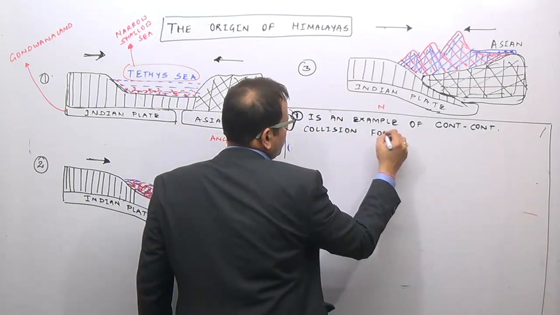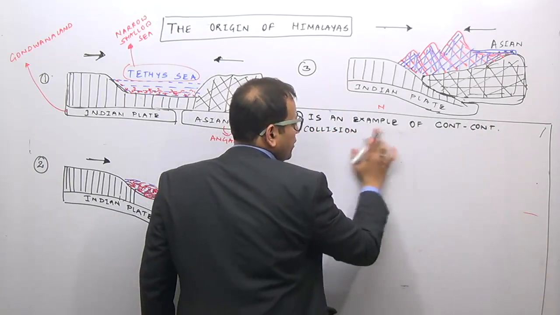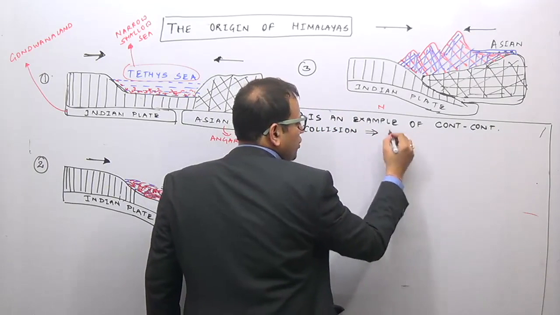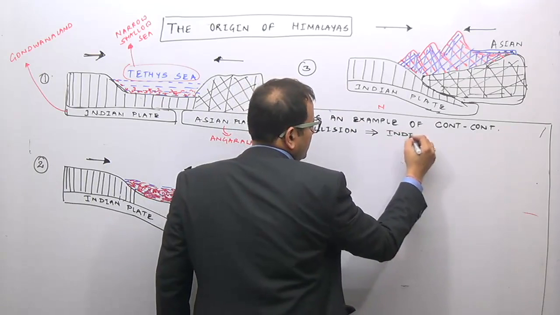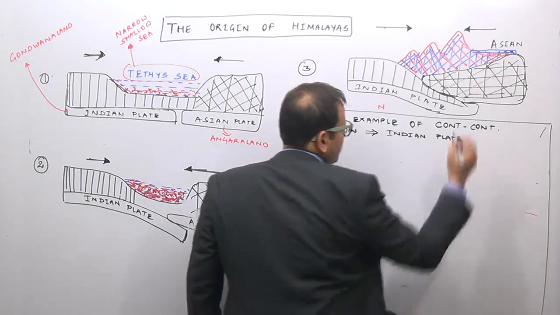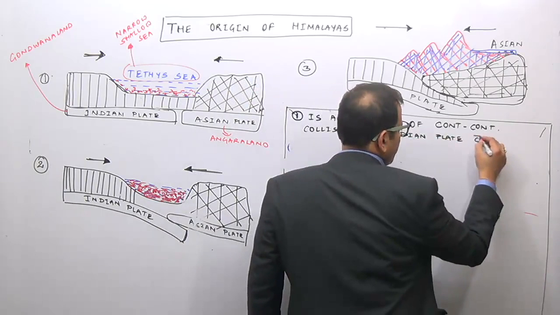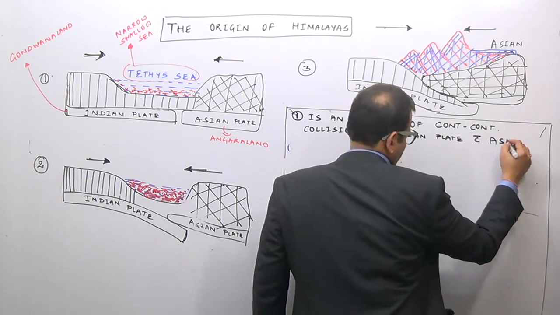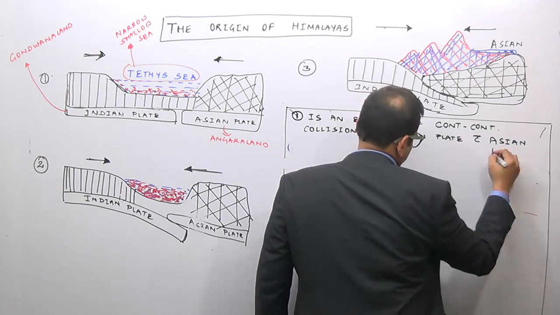Formed due to continent-continent collision, that means the collision of the Indian plate with the Eurasian plate, with the Asian plate.